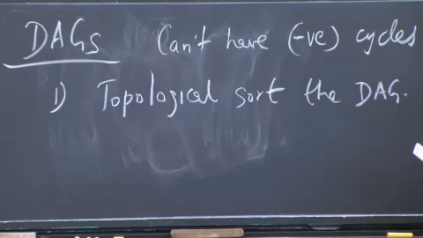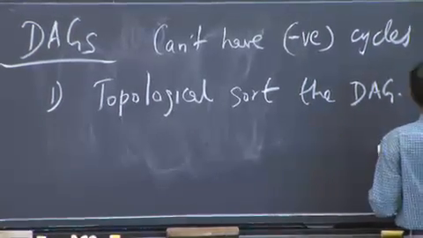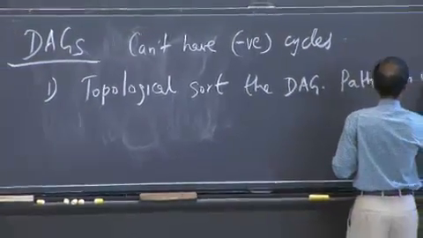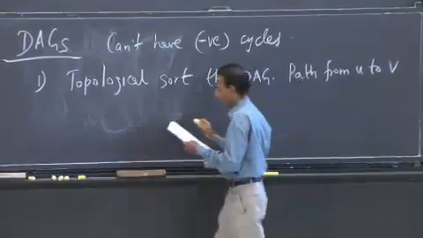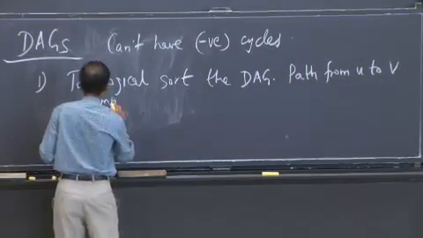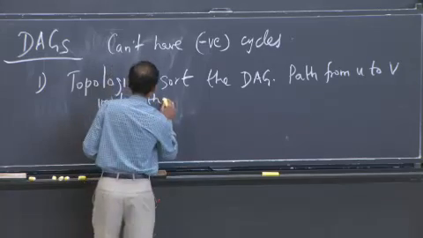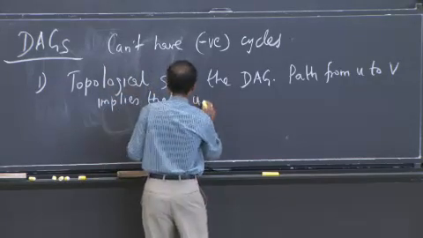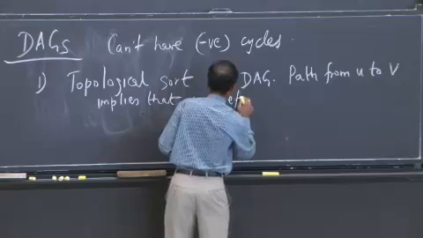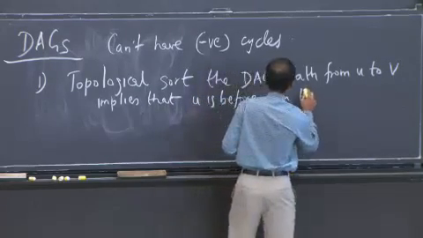And a path from U to V implies that U is before V in the ordering.